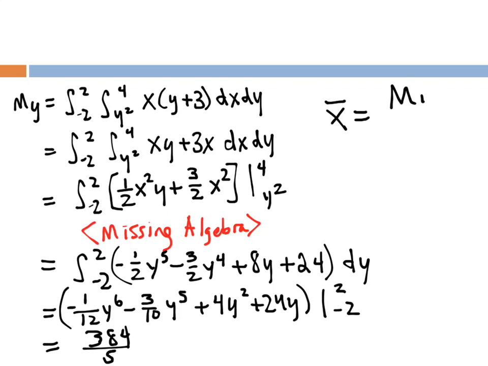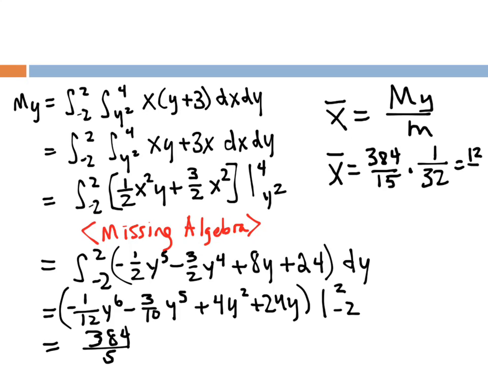X bar is m sub y over m. So m sub y, we had just now found, was 384 over 5. And we divide by m, or multiply by 1 over 32, which 32 is the m value. And we get that x bar is 12 over 5.